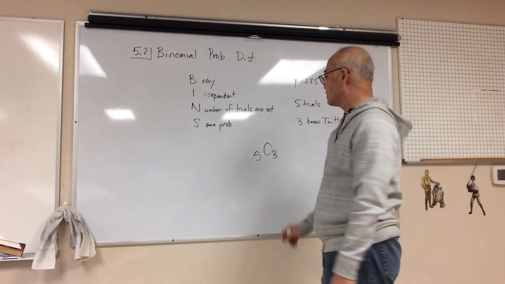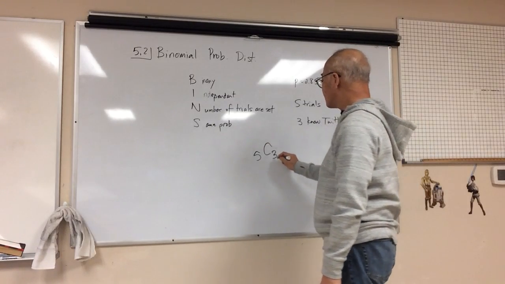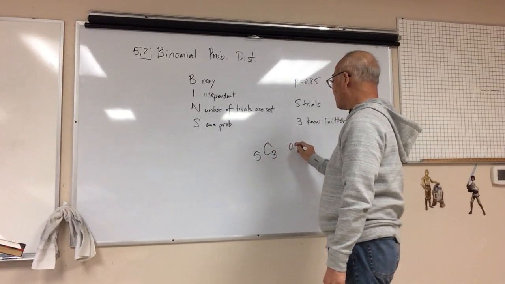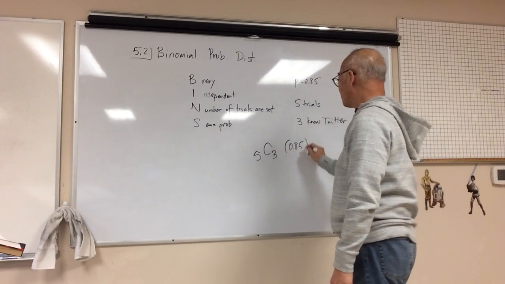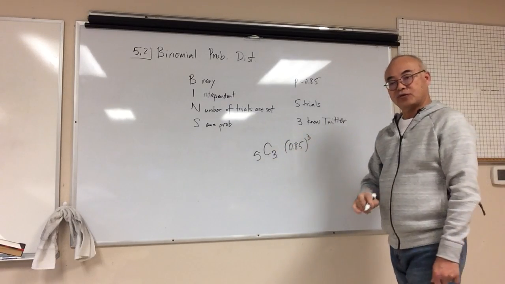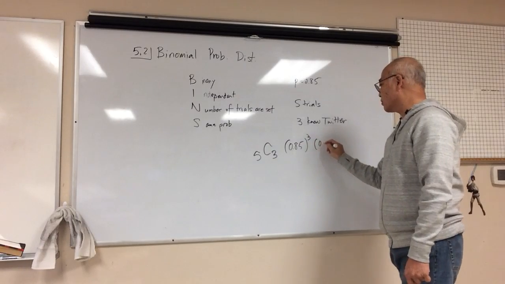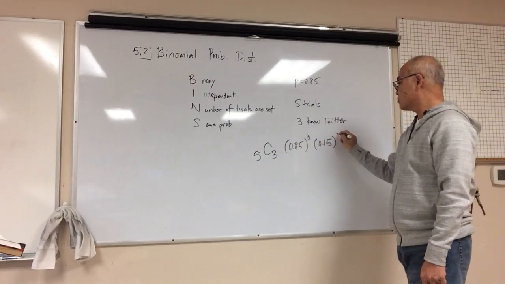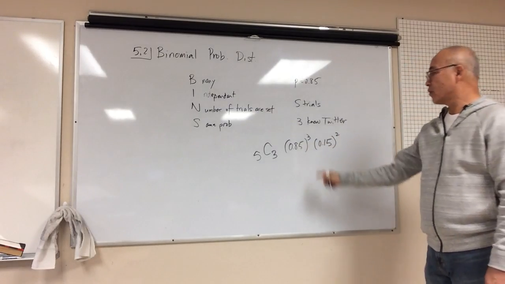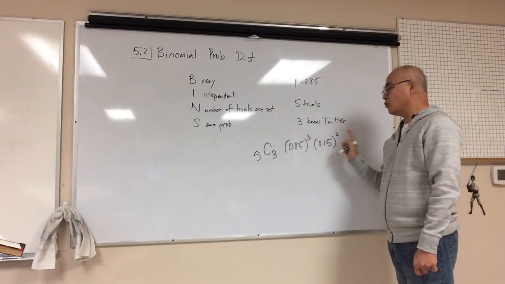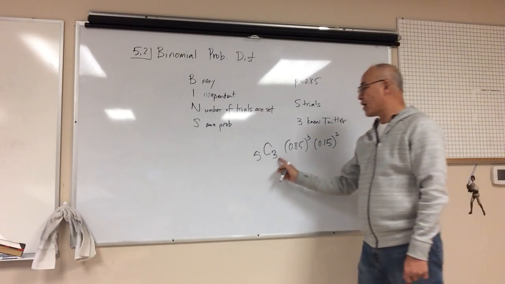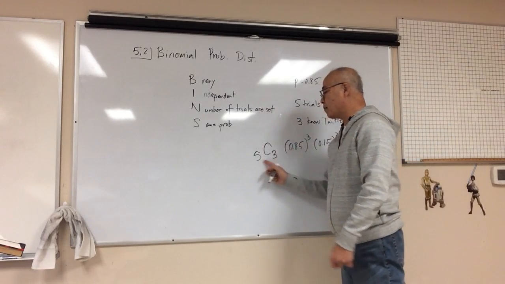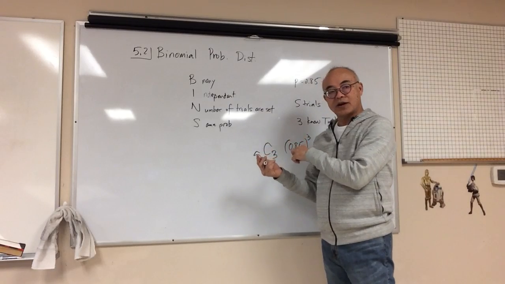Remember this? We did this. And then we have 3 successes, so 0.85 to the third. 2 of them are going to be failures, 1 minus 0.85. So those are the 2 failures. 3 successes, 2 failures, and there are actually this many combinations of, right?